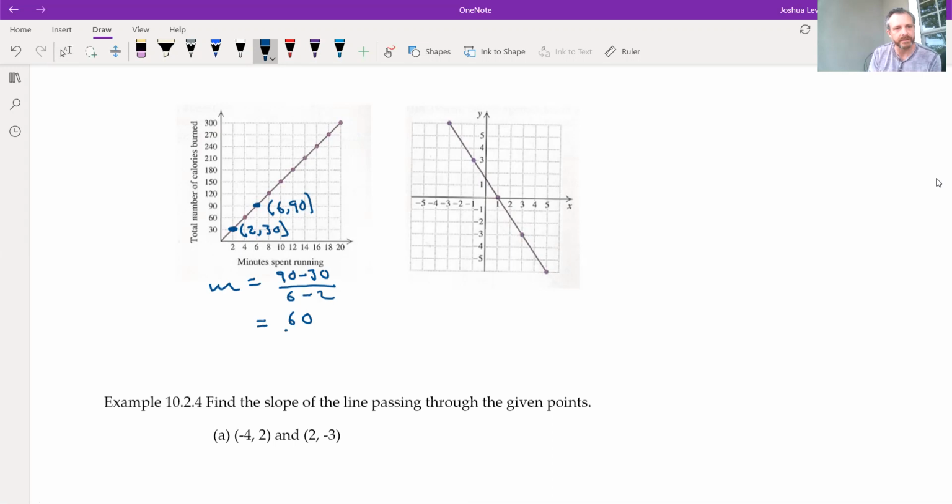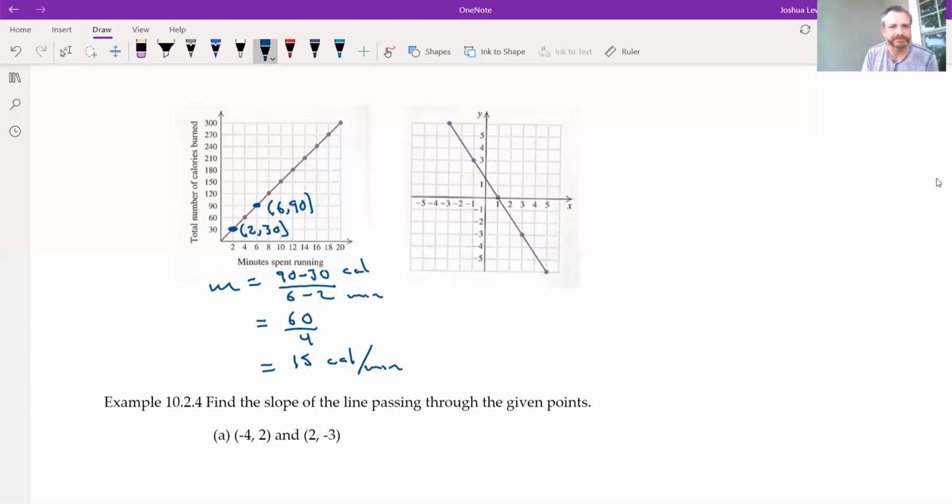So 60 over 4, which is going to be what? 15 over 1. But remember, we have units here, right? This is calories per minute. And so the slope is 15 calories per 1 minute. Okay?